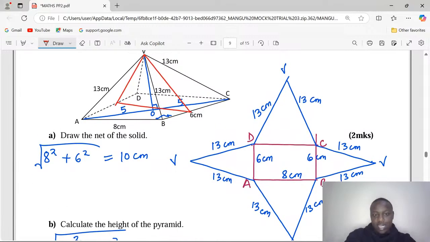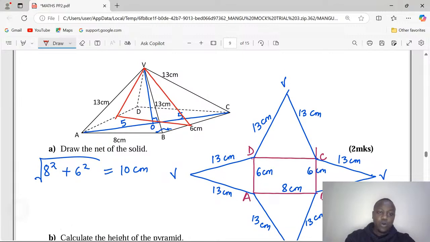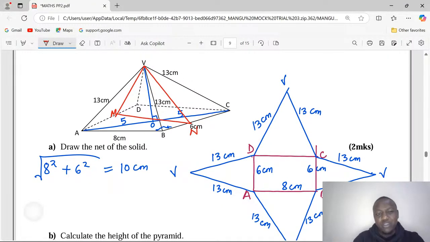With that line, we can determine its length. Assuming this is N and this is M, we need to know length VN, which is equivalent to VM. The length VN, we can use 12 and half of MN, which is 8.